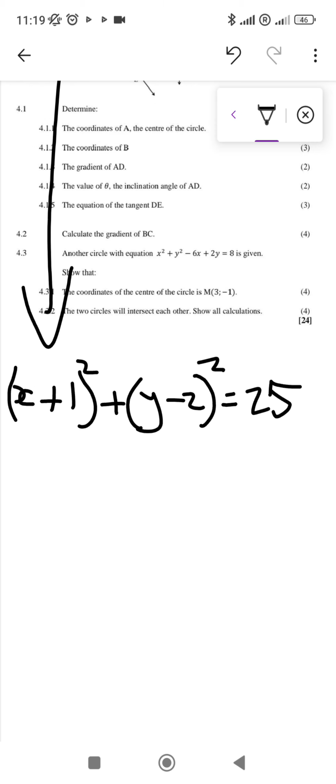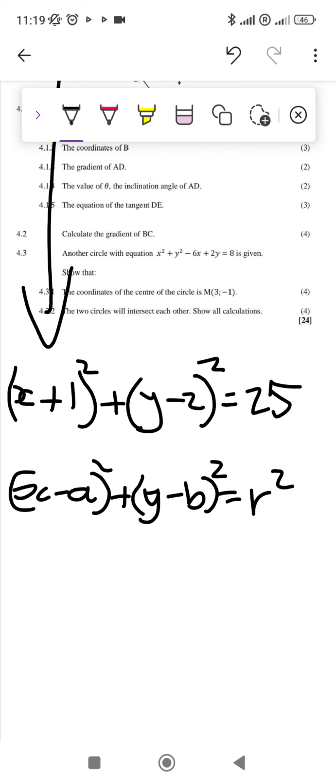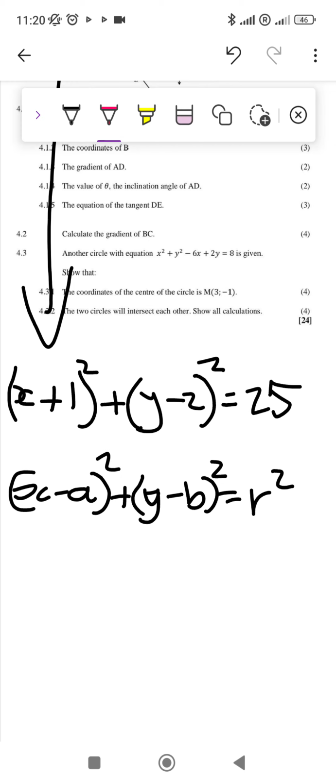Right, so the general equation of our circles, we know it is in the form (x - a) squared plus (y - b) squared equals r squared. Okay, so that's the general equation of our circle. And when it is in this form, then we know certain things, right?